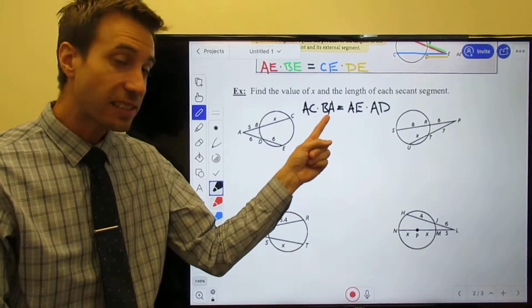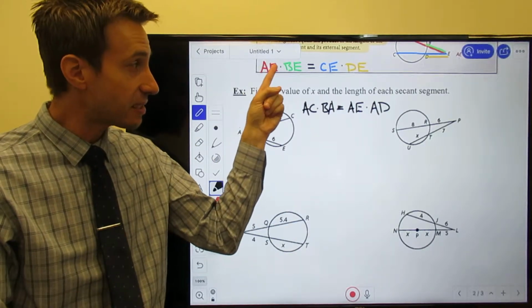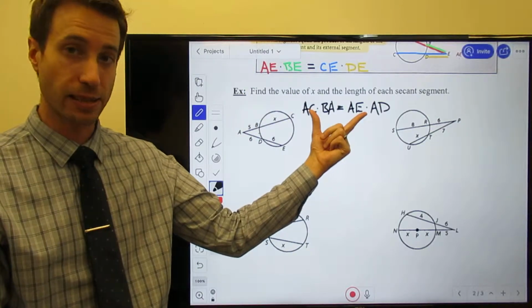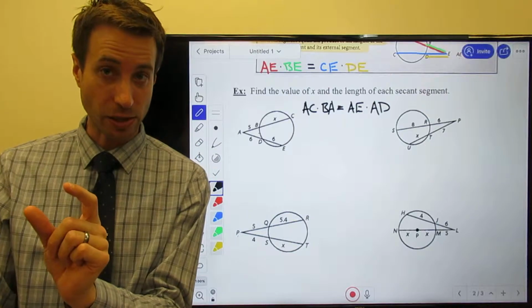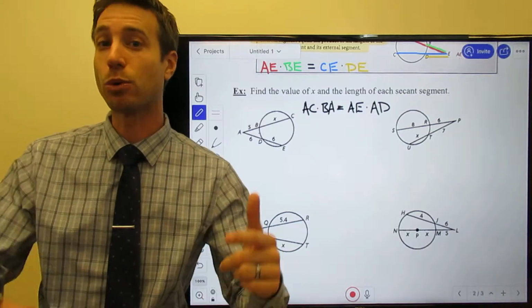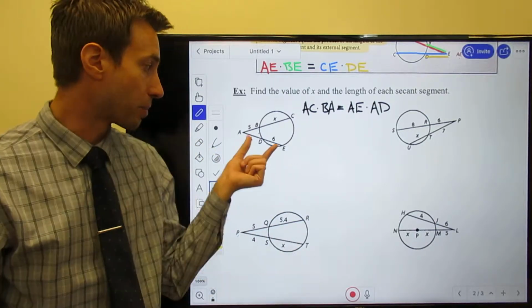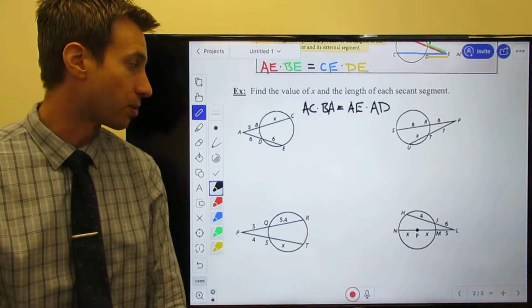That's it, guys. That's the geometry. This is the secant product theorem. The secant segment multiplied by its external secant segment has to be equal to your other secant segment multiplied by its external. Now it's plug and chug.